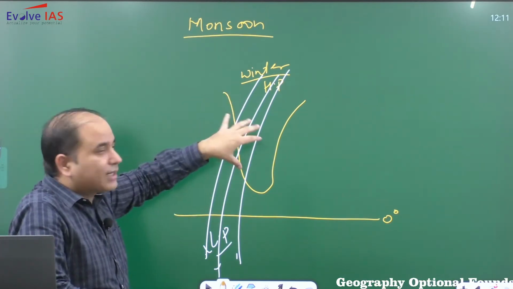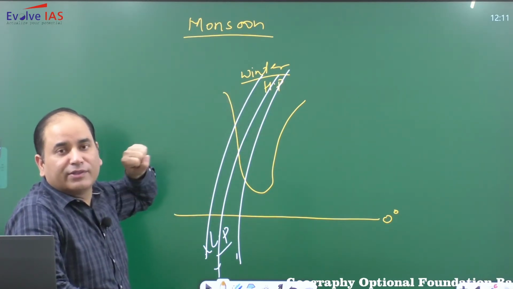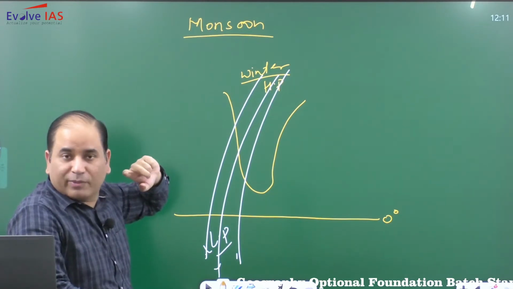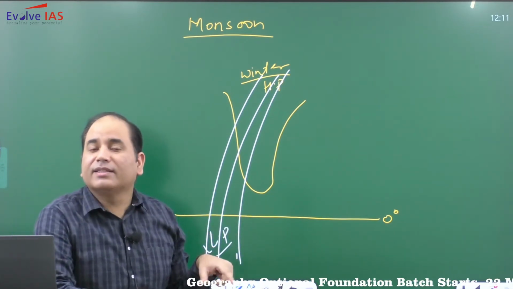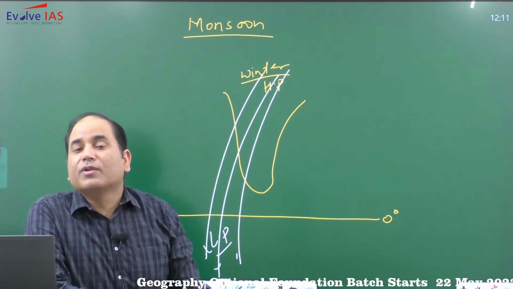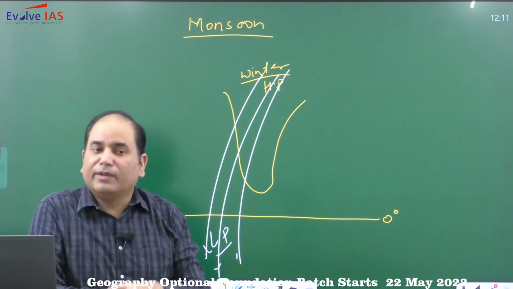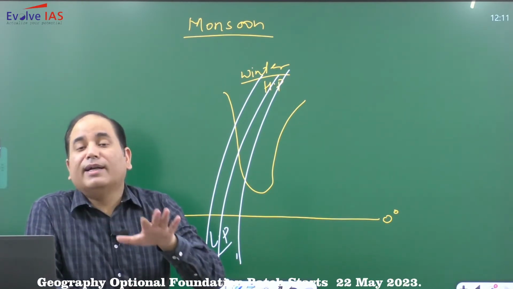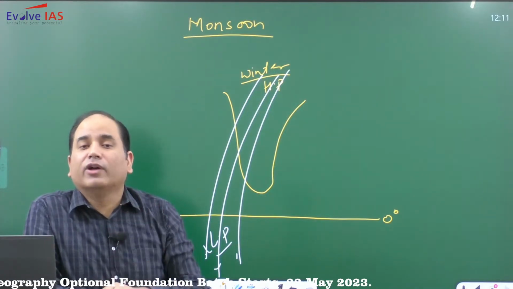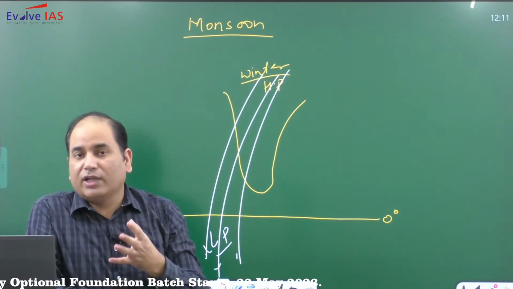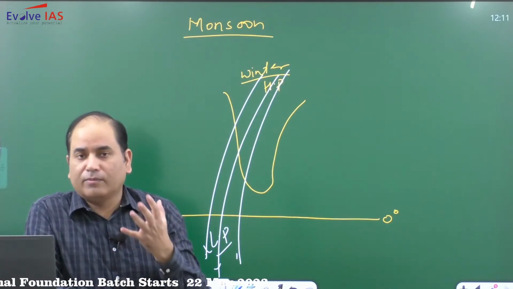Because of that less moisture, the rainfall is not happening. So rainfall is not happening in winter season not because of the temperature, primarily because of the nature of how the winds are blowing, and these winds are not getting moisture because they are blowing over land.